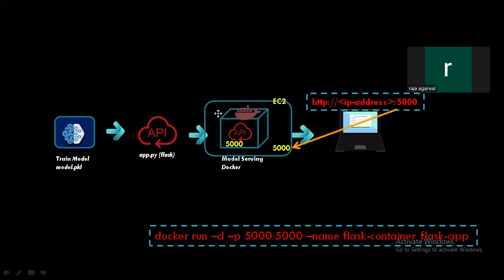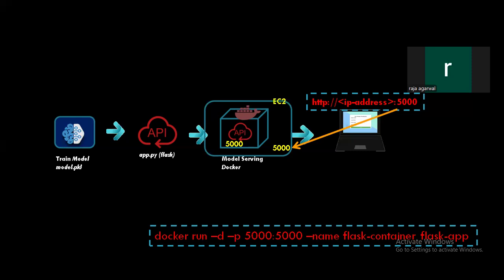This EC2 instance is running a Docker container that hosts your Flask API. The port mapping -p 5000 ensures that the traffic received on EC2's port number 5000 is forwarded to port number 5000 inside your container.